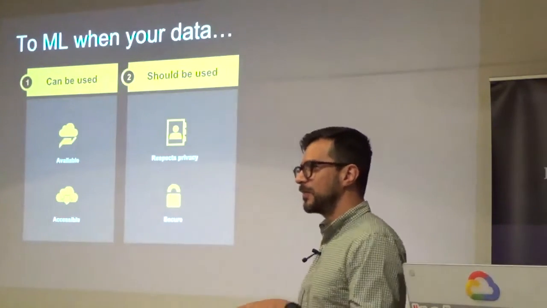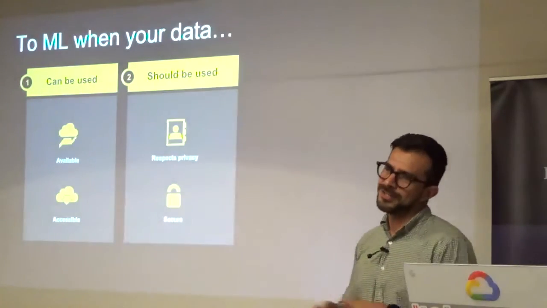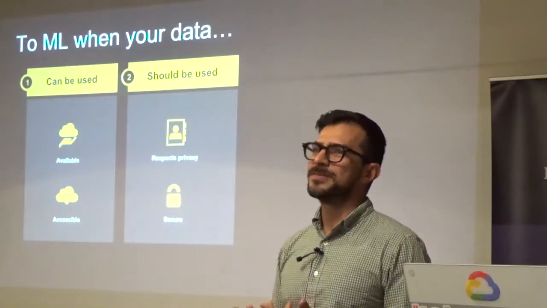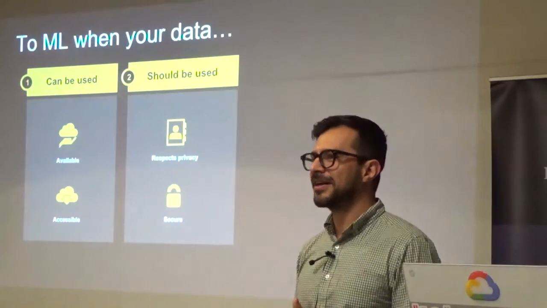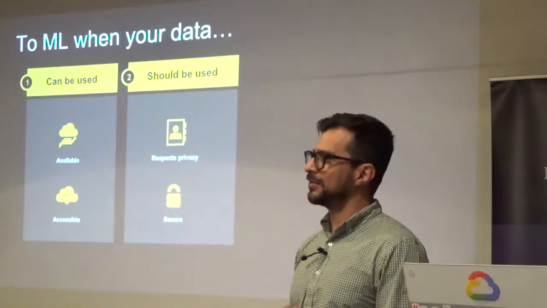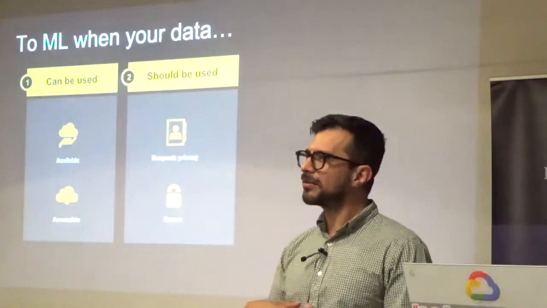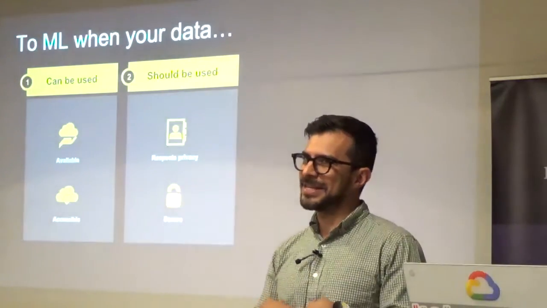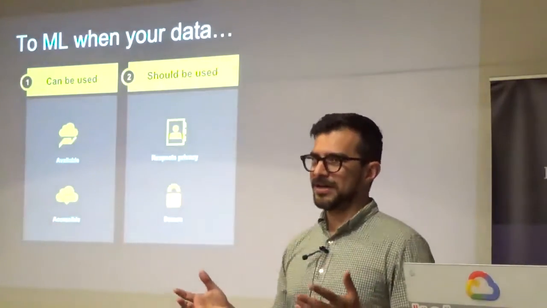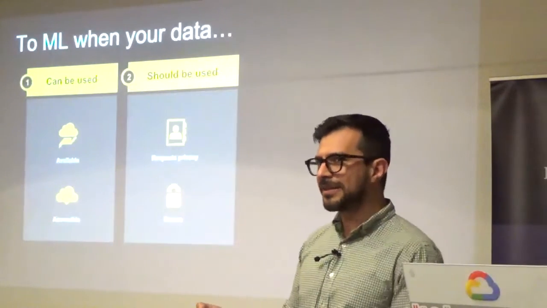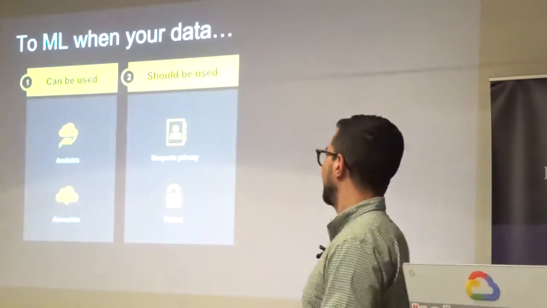I talk to people about the creepiness factor. If you start thinking, I don't want this to be in the news, it looks kind of weird that we're using this data to do something good for the customer, but people are not going to feel okay that you're using that data, maybe don't. Just because you have the data and it's accessible and available doesn't mean that you should be using it.